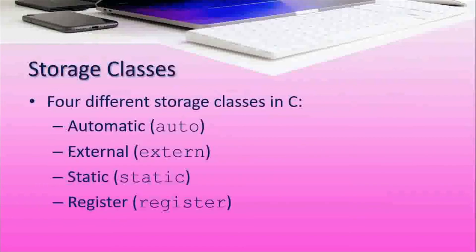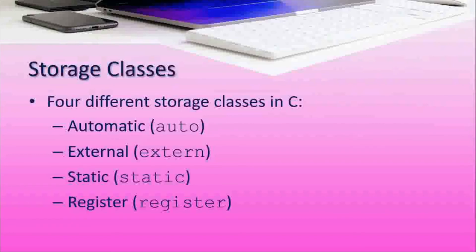Now let's see what the different storage classes available are. There are four different types of storage classes available. One is automatic, the second one is external, the third one is static, and the last one is register. To define each of these storage classes, there is a keyword associated with each one of them. For automatic, we use the keyword auto.